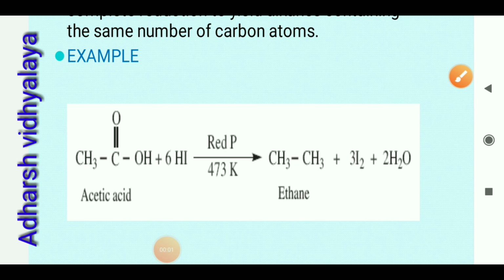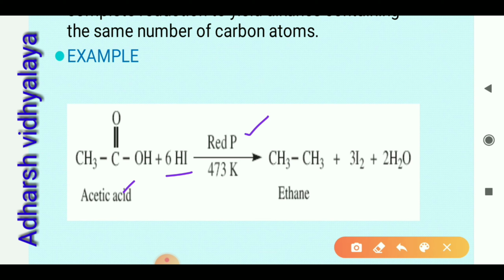Let us take acetic acid. Acetic acid reacts with hydrogen iodide in the presence of red phosphorus at 473 Kelvin. It gives ethane. What happens here? There is addition of 6 hydrogen.